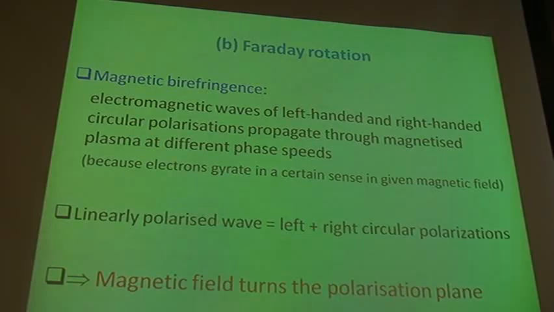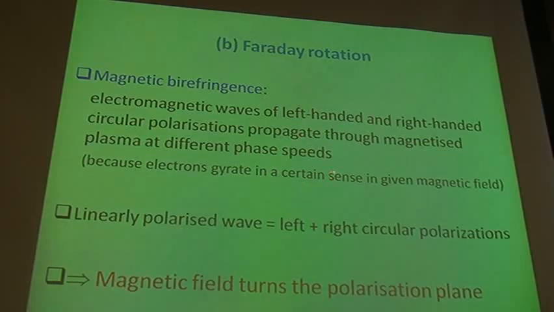If otherwise, the polarization is wrong in this sense, and this electric field of the incident wave tries to prevent electrons from rotating as they want to do around the magnetic field, this wave will suffer for its stubbornness. And its propagation velocity will be lowered. So, if you have a magnetized plasma, this is what is called birefringence, magnetic birefringence.